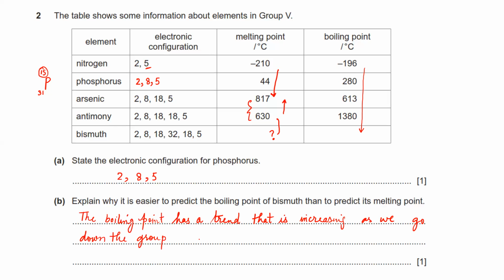Whereas the melting point, on the other hand, doesn't have a fixed trend. Whereas the trend in melting point is not clear. So that is the reason why we can easily predict the boiling point, whereas we are unable to predict the melting point.